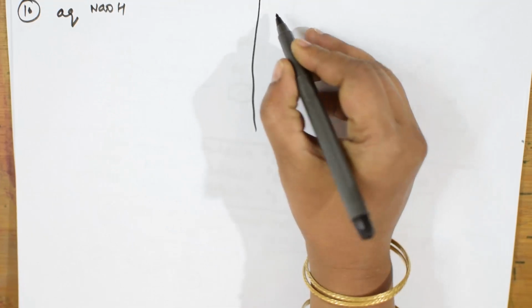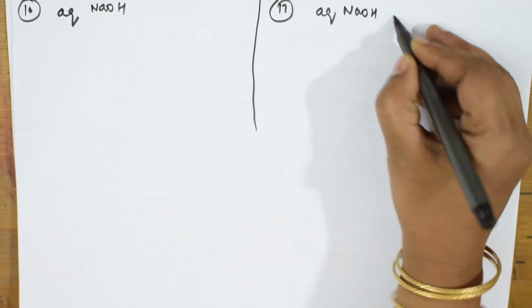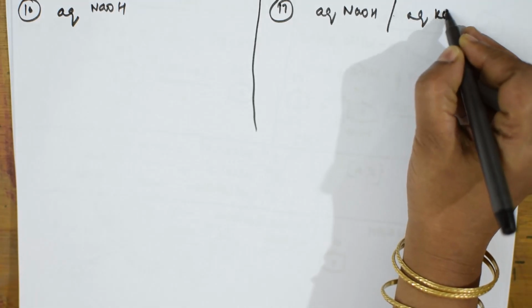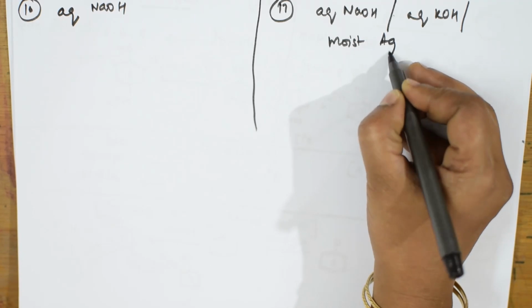So let's see, students, now what happens when aqueous sodium hydroxide is there in the reaction. So basically here, let us compare with one more. In some cases, let me write the 17th reaction. In some cases, you may have aqueous sodium hydroxide or aqueous potassium hydroxide or moist silver oxide. Okay, so what is its role?